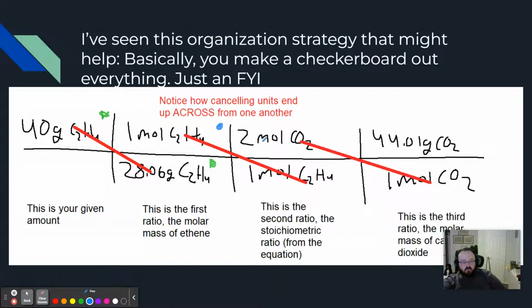You move over, you should have the same units. Move over again, you should have the same units. Alright, I do want to offer this as an alternative where you can put in those ratios. And you must have the same units across, from one box across to the other. This might make it just a little bit easier to visualize. So I just wanted to give you this option.